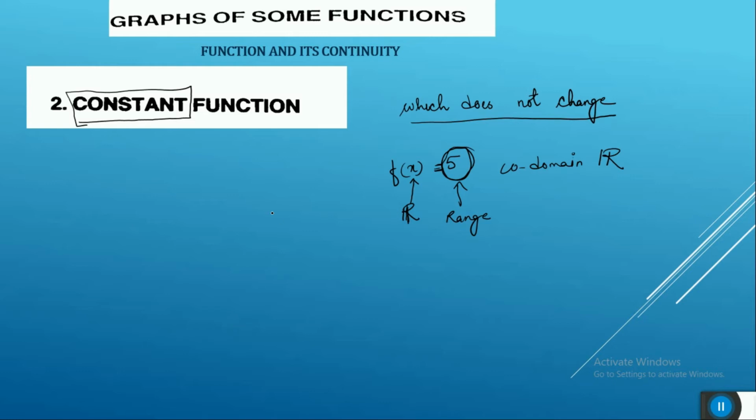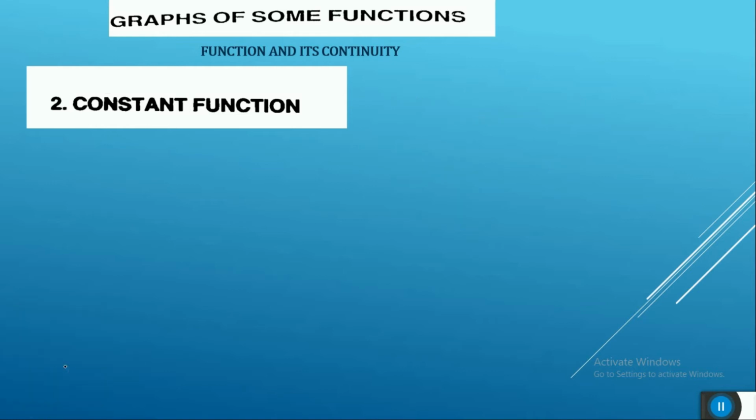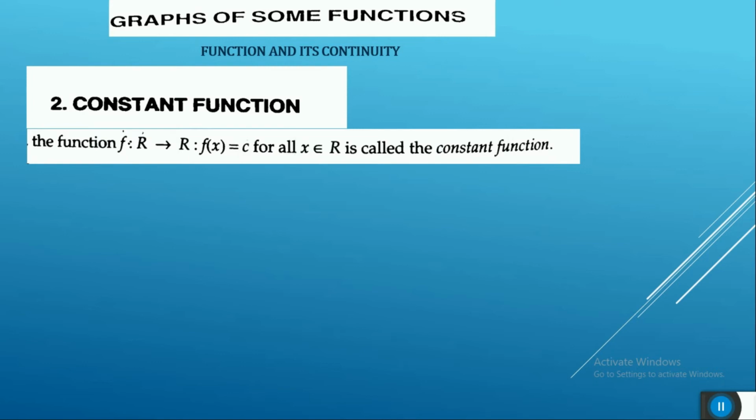Now let's start with the definition. A function f defined from the domain R to the codomain R such that f of x takes a constant value c for all x, for any x you take which belongs to your domain, that is the real number line, is called a constant function.